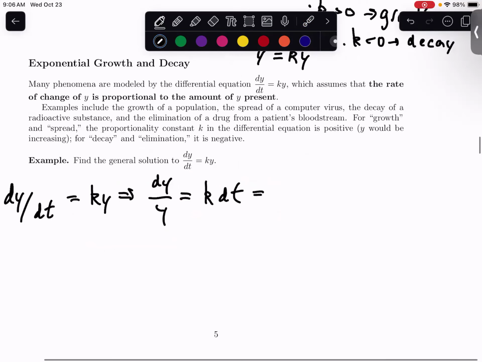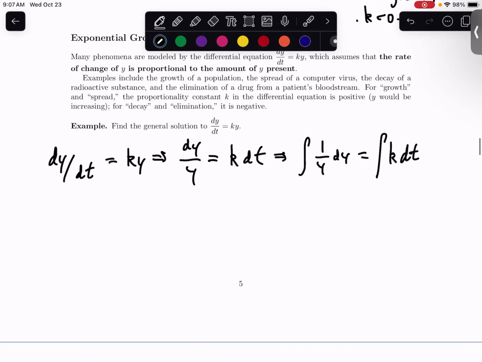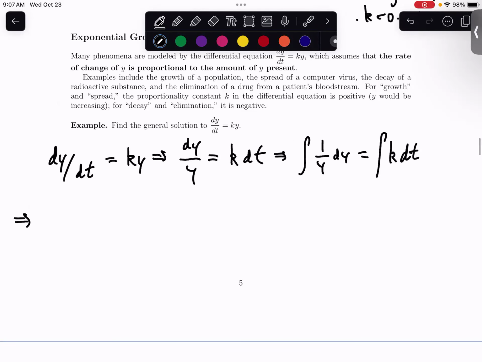If you integrate both sides, instead of writing dy over y, I'll write the integral of 1 over y dy is equal to the integral of k times dt. You integrate and then solve for y. On the left-hand side, we have the natural log of y, equal to the integral of k with respect to t, which is k times t plus c.